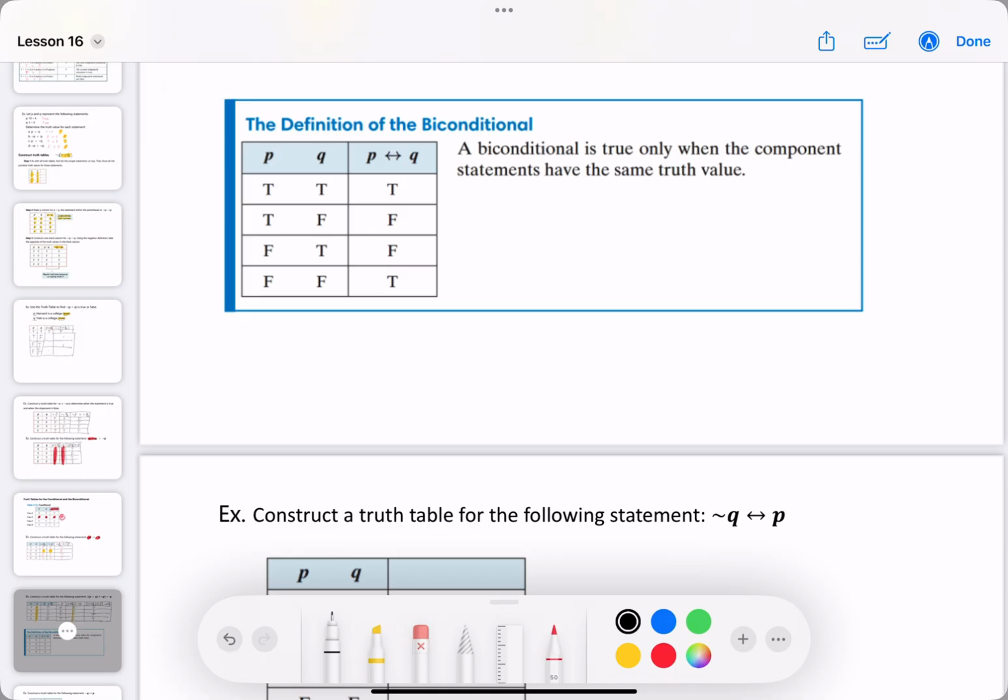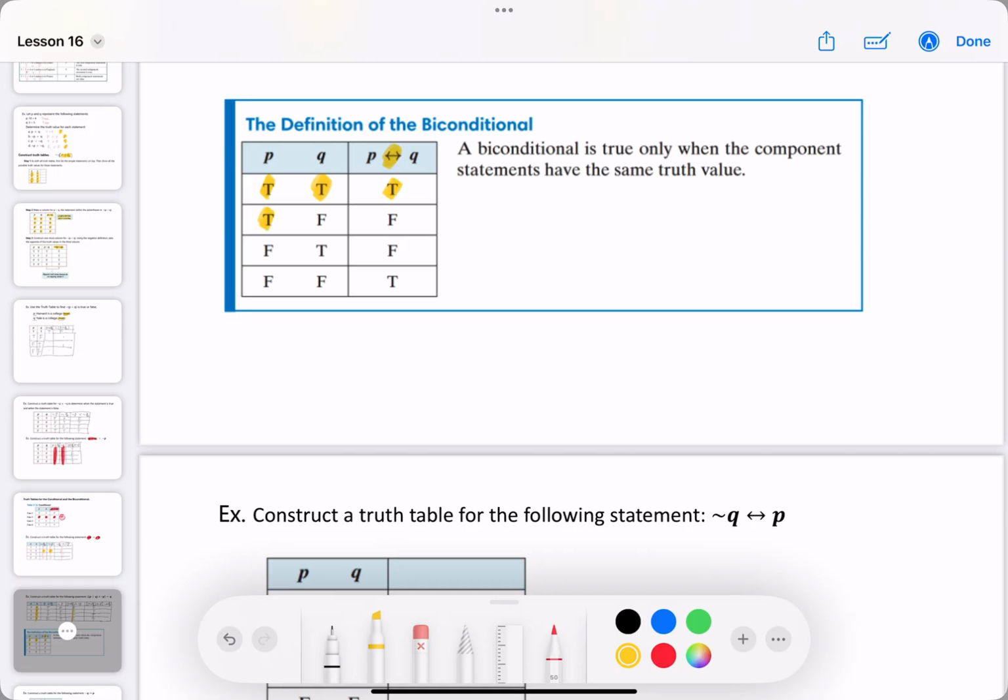How about the biconditional? So here we have a table, and biconditional is the symbol here. It means if and only if. For the if and only if, we are having this truth table. So P is true, Q is true. The biconditional statement is true.